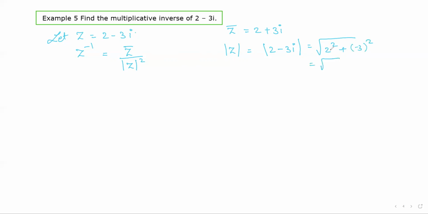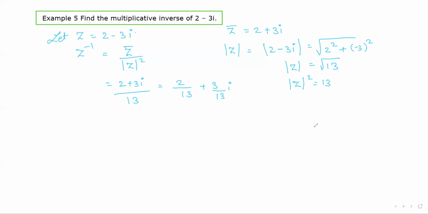This is equal to root 4 plus 9, which is root 13. This is mod z. Mod z whole square will be equal to 13. Placing these values here, you have 2 plus 3i upon 13. This can be written in complex form as 2 upon 13 plus 3 upon 13 into i.